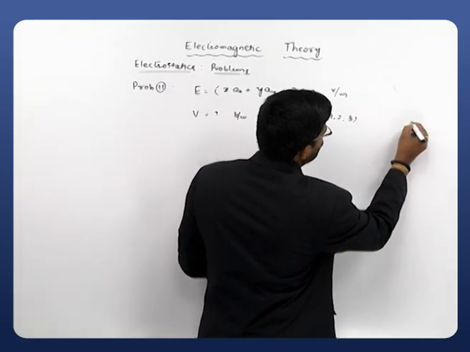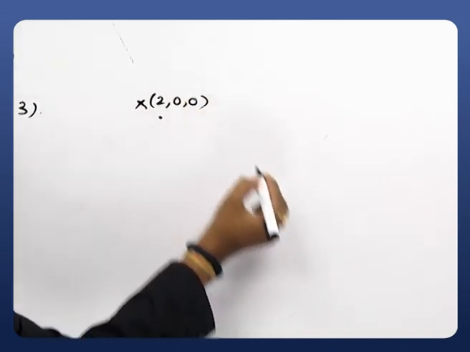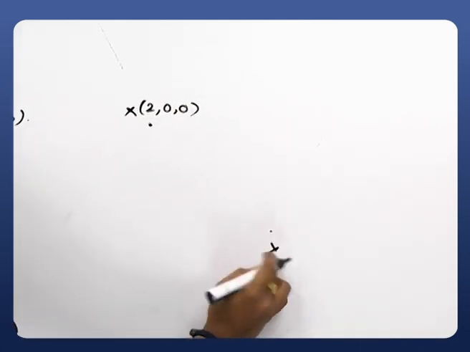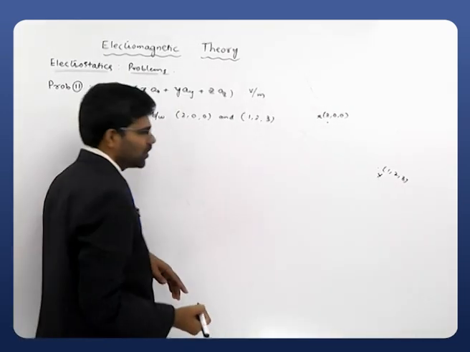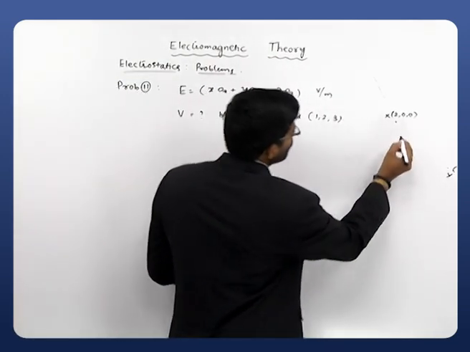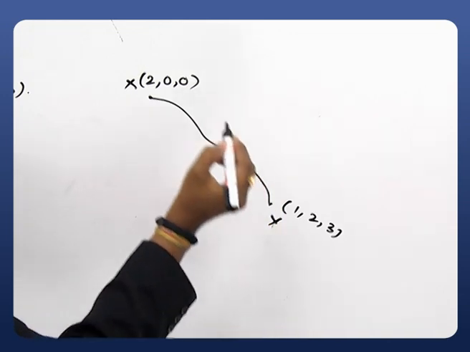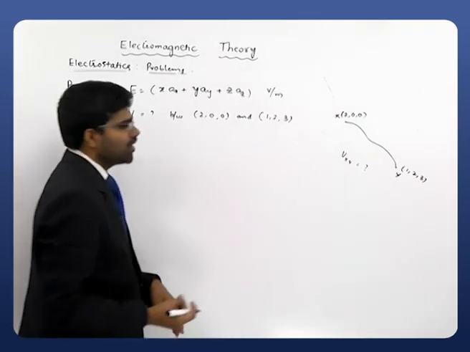So let us take this as one point, x, given as (2, 0, 0), and another point y given like this with coordinates (1, 2, 3). Don't go for any coordinate system, we are just representing the points. Now between these two, what will be the potential difference when the electric field intensity is given to us?